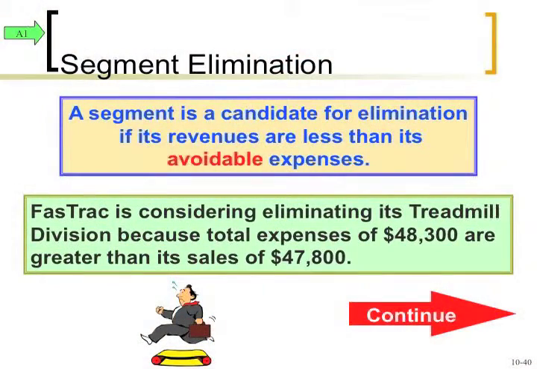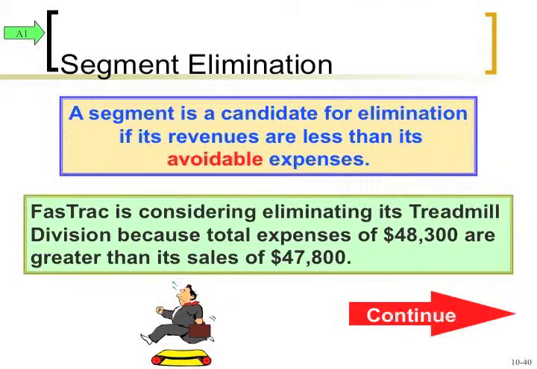And then finally, one that a lot of companies are facing today in today's environment of cutting costs, and that is, should we close down a product line or not? Should we get rid of a poorly performing product or a poorly performing division? And there again, what we want to concentrate on is revenue that we lose by getting rid of that division.